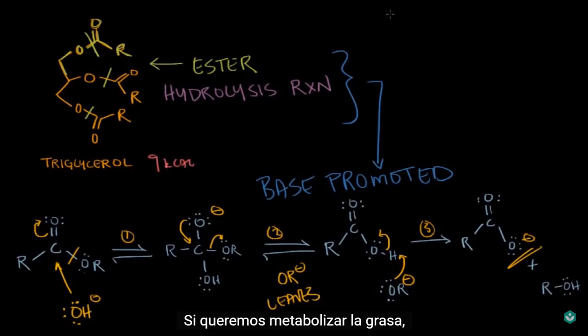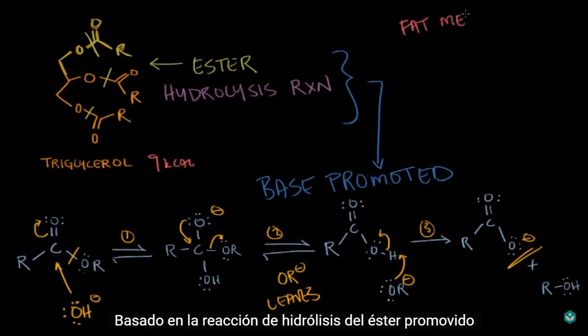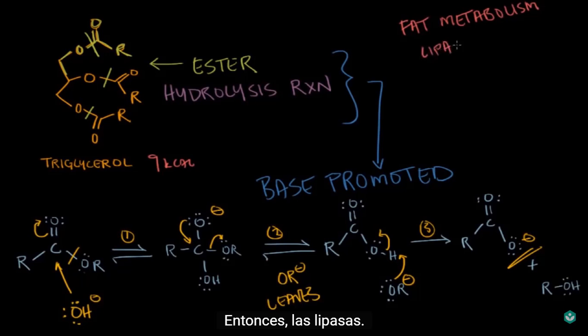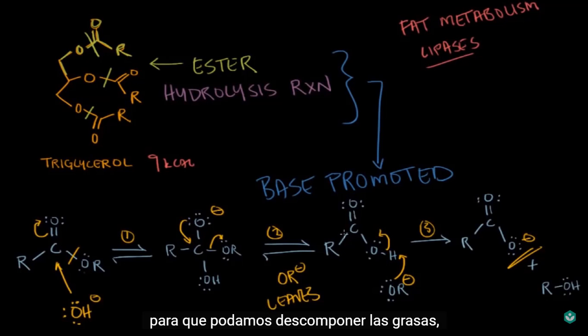If we want to metabolize fats, I'm going to write that up here as one of the uses of this reaction. We're going to start with this mechanism right here. So in the cells of our body, we're able to use specific enzymes called lipases to facilitate this reaction so that we can break down fats and eventually get energy out of them.